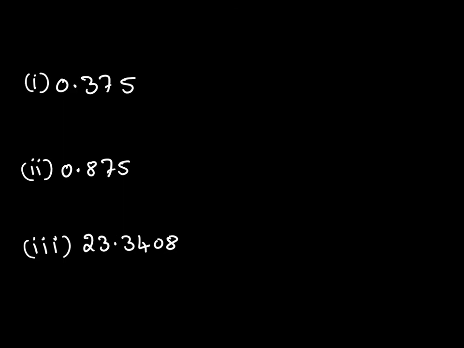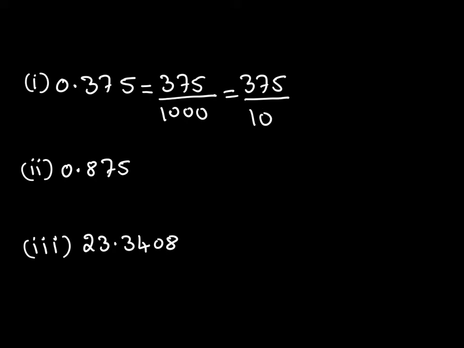Let's consider a few terminating decimals and see what conclusions we can come to. For example, let's take the first one, 0.375. This can be written as a fraction 375 divided by 1000. And this can further be written as 375 divided by 10 to the power 3. Let's try over here, 0.875.